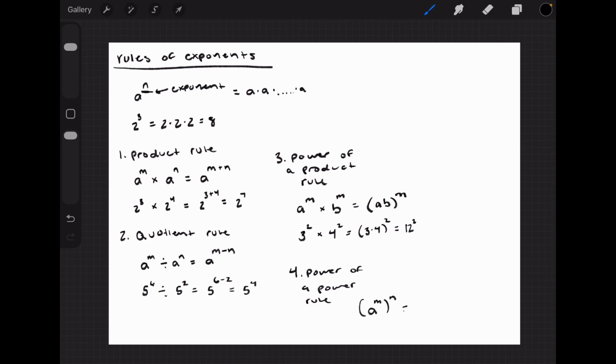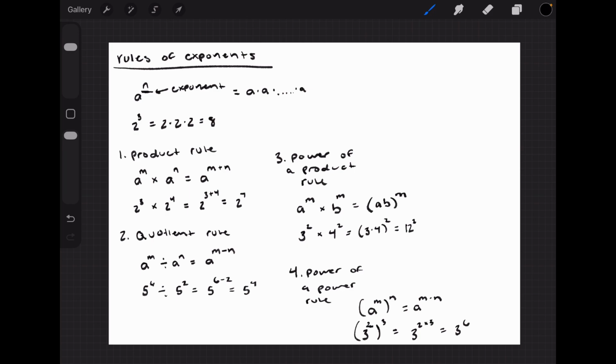You would do a, and then multiply m times n. So an example of this with real numbers would be 3 squared, and then raising it to the third power. So then we would do 3 to the 2 times 3, which would give us 3 to the sixth power.